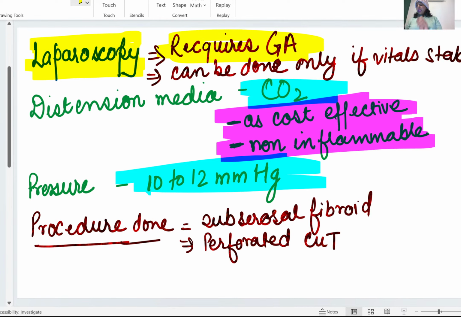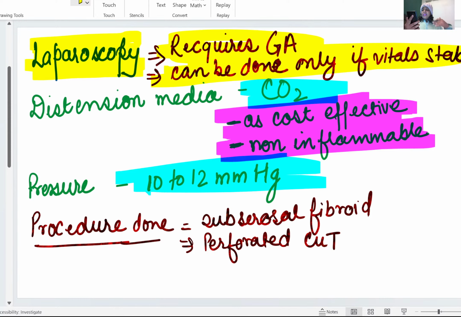Laparoscopy always requires general anesthesia, and general anesthesia will be given only if the vitals are stable. In heart diseases, when we are giving general anesthesia, we have to stop the heart from functioning on its own; the patient is on artificial ventilation.